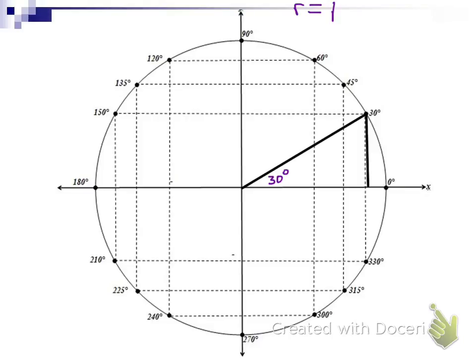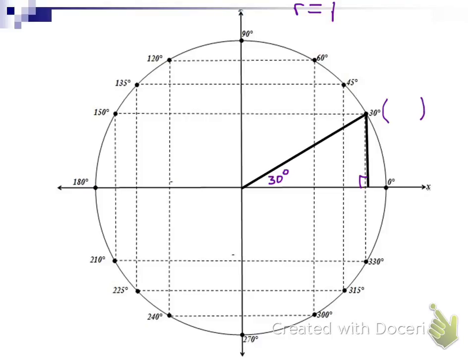What kind of triangle are we working with here? 30, 60, 90, right?